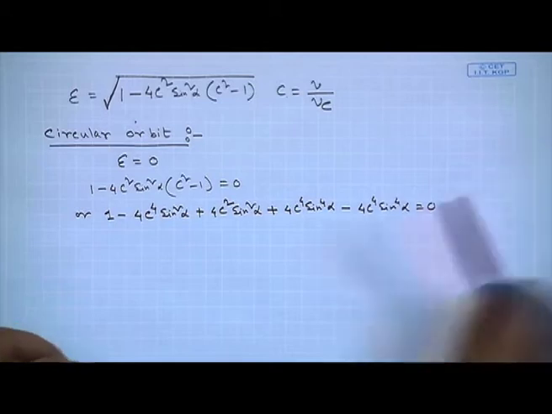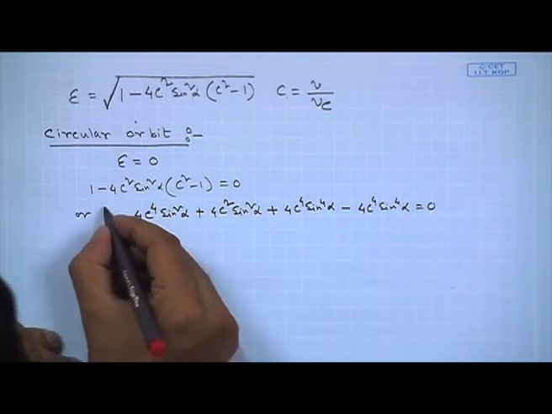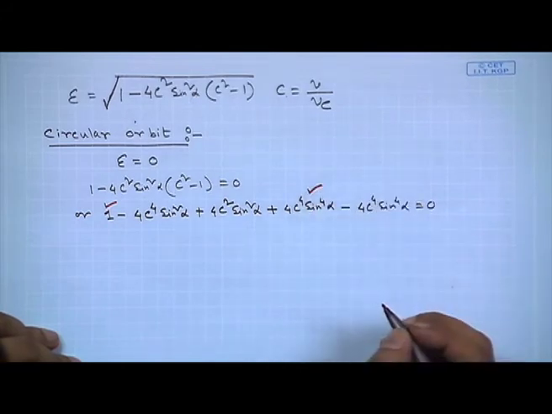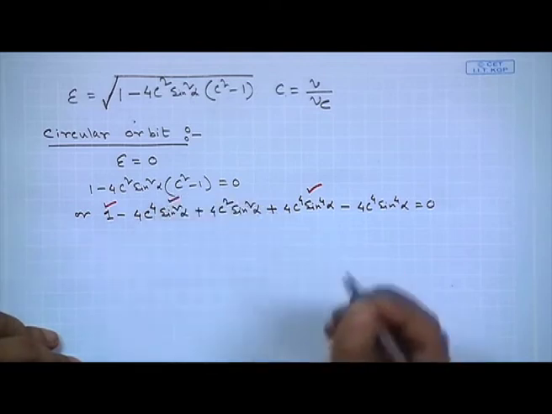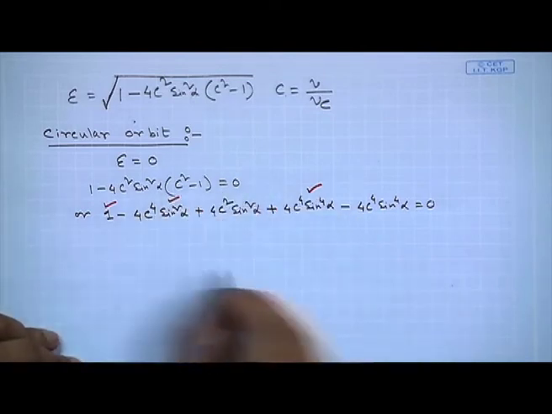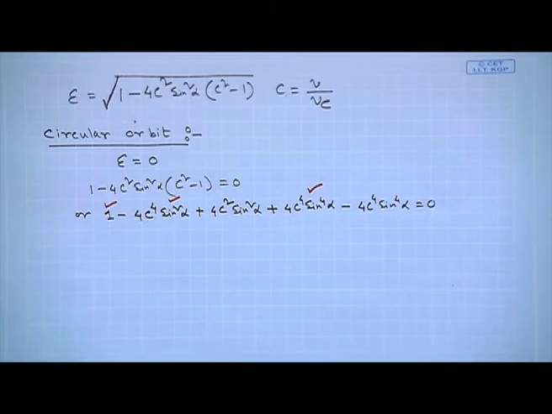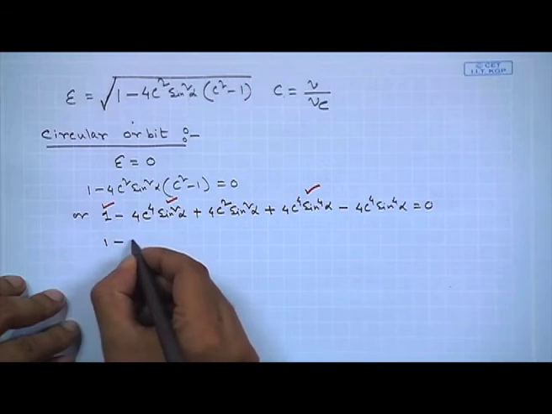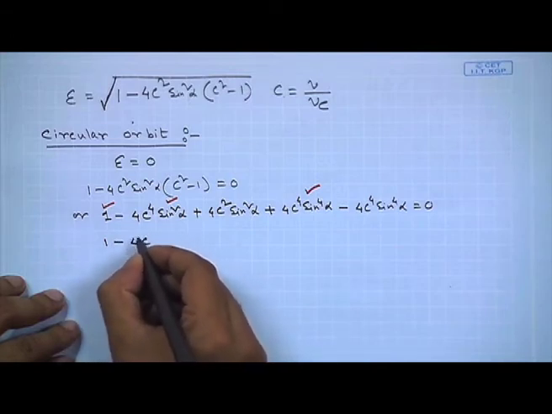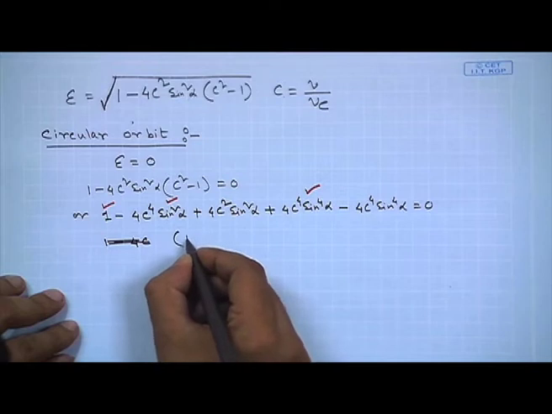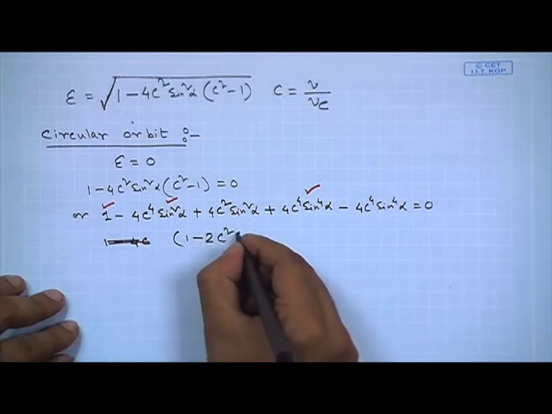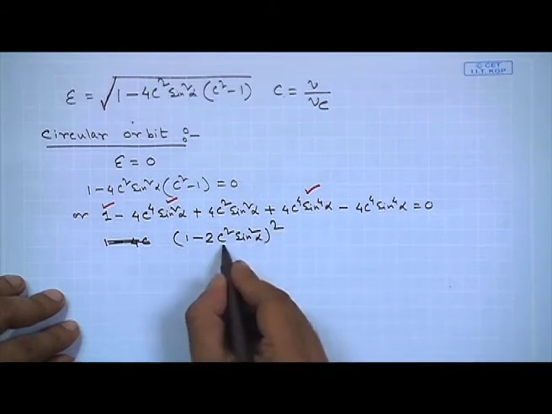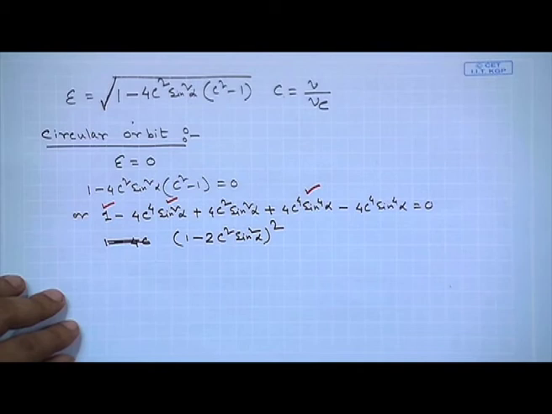Now let us look at this. If we take these three terms together, they will give us 1 minus 2 c square sin square alpha whole square, or 2 c square sin square alpha minus 1 whole square, does not matter really.